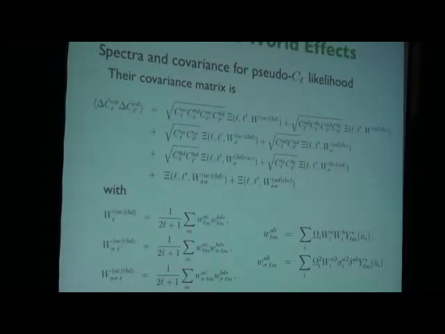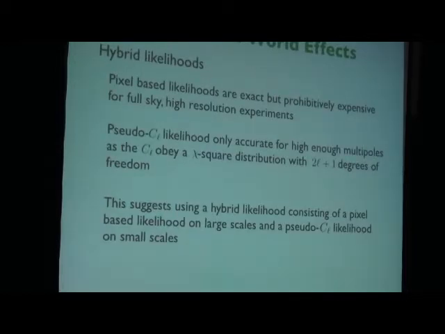The covariance matrix I just wanted to briefly show, so you have an idea of what it looks like. You can compute it analytically, as I said, and it has some form like this. It's some sum, so there's some mess, but it's analytical and you can put it in the code and evaluate the covariance matrix. You only have to compute the covariance matrix once in this approximation for some fixed set of parameters.